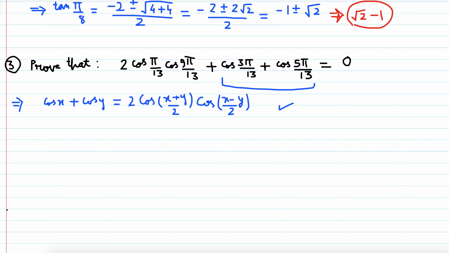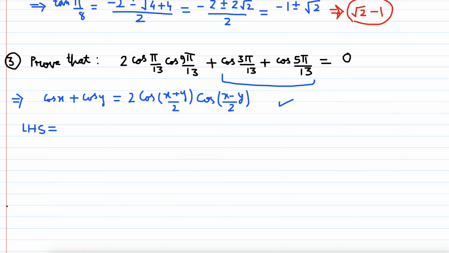So using this formula, we can combine these last two terms. So we will write our left hand side is equal to, and don't try to skip steps while solving if you want to get the full marks. So here I may be skipping some lines.